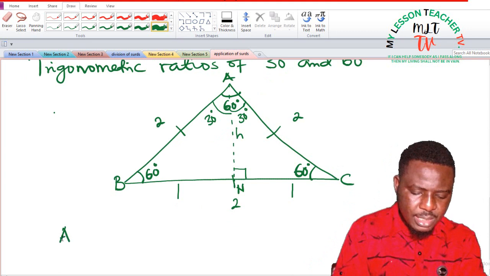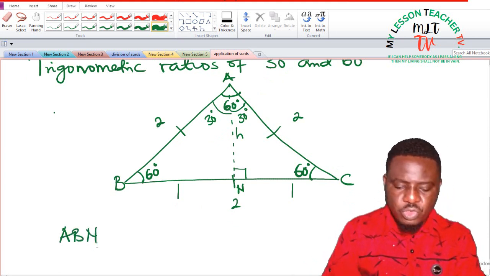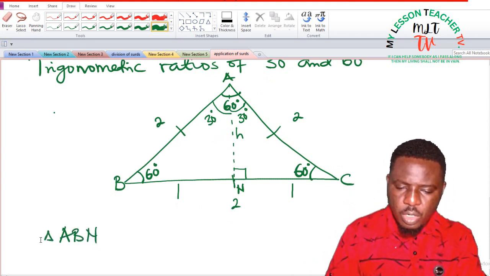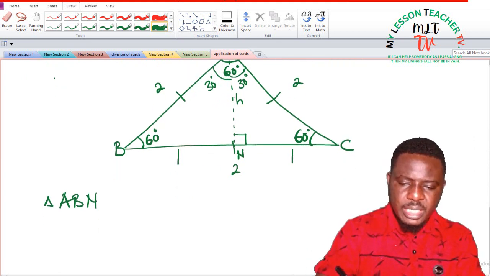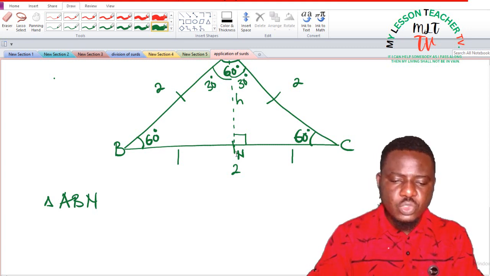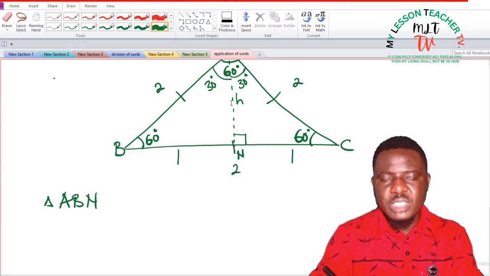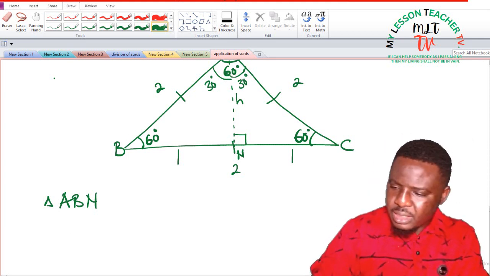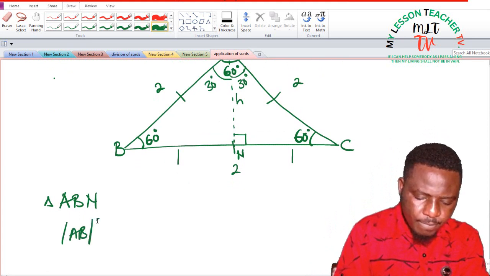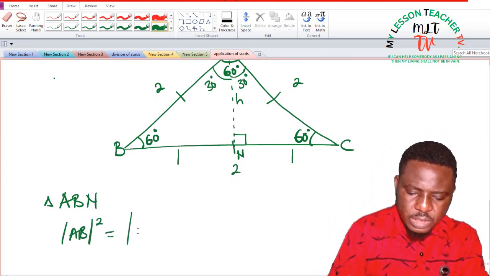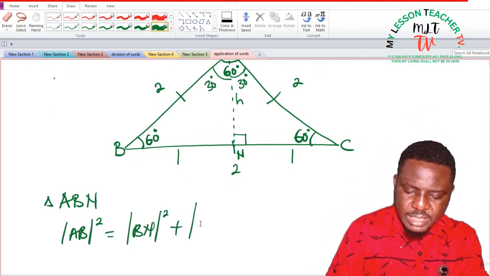Since ABN is a right angle triangle, it therefore means that applying the Pythagoras theorem, which says that in a right angle triangle, the square of the hypotenuse side is equal to the sum of the squares of the other two sides, that means that side AB squared is equal to side BN squared plus side AN squared.